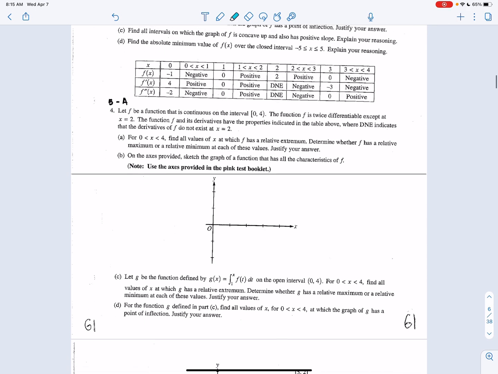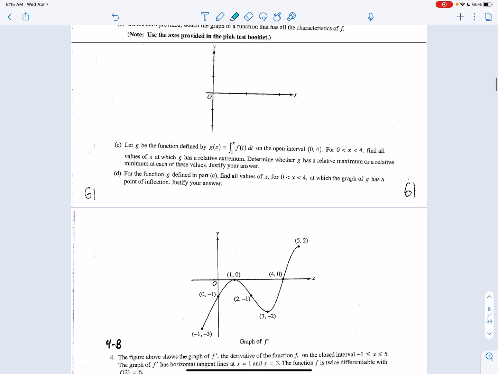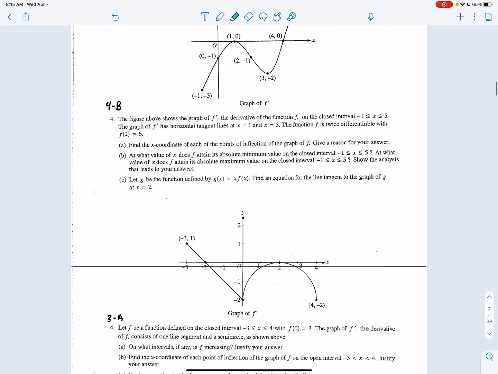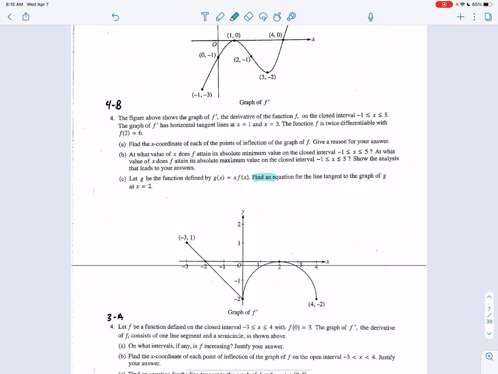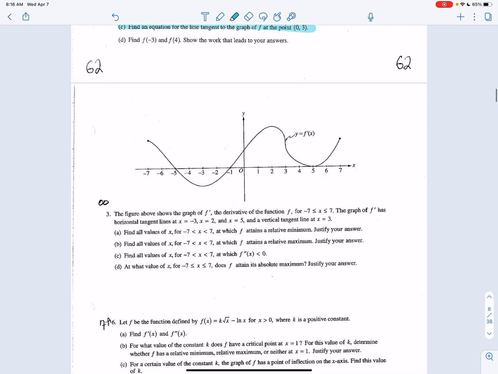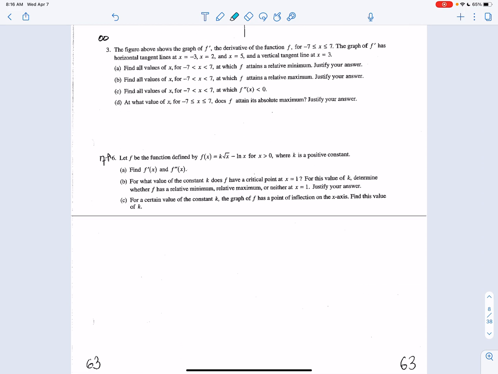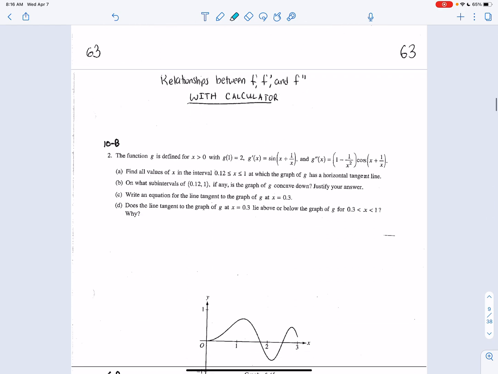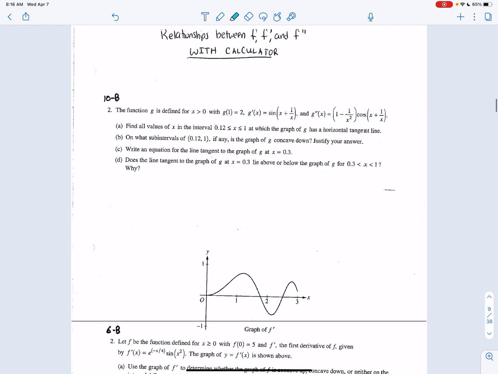And if I miss it, I apologize. Right here, 2004, the tail end of part C. 2003, part C. Part C here in 2010.